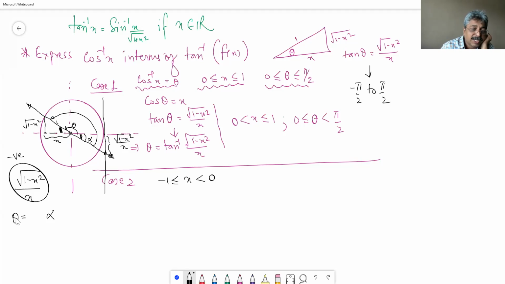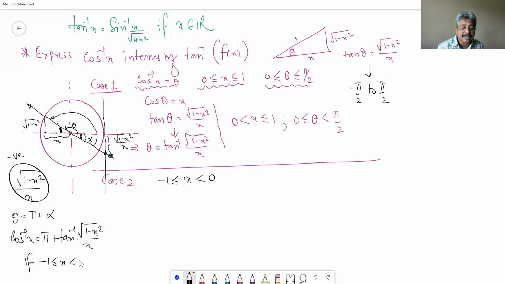And therefore, theta is equal to pi plus alpha, and therefore cos inverse x is equal to pi plus tan inverse radical 1 minus x square upon x, if x is between minus 1 less than or equal to x less than 0. So actually, without doing calculations, if your understanding of geometry is correct, you can arrive at this.